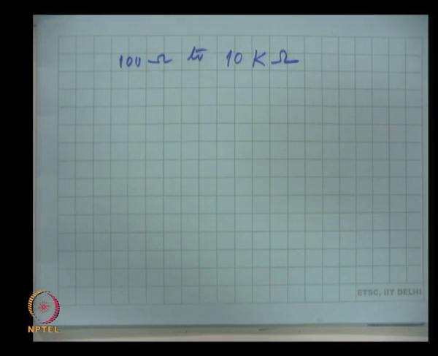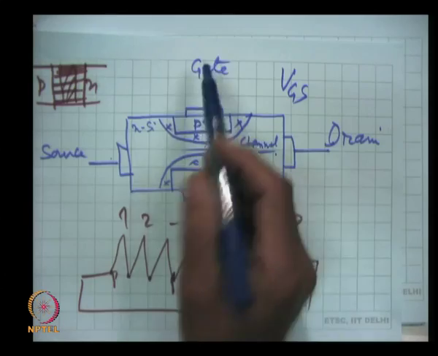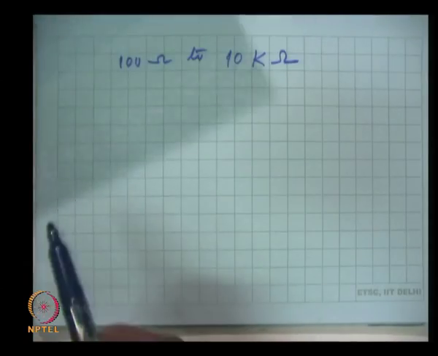This voltage VGS is controlling the resistance.